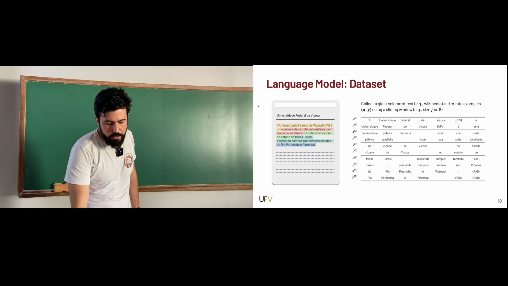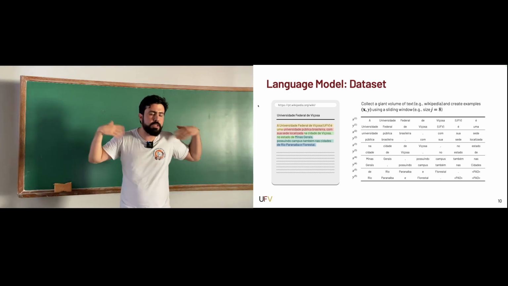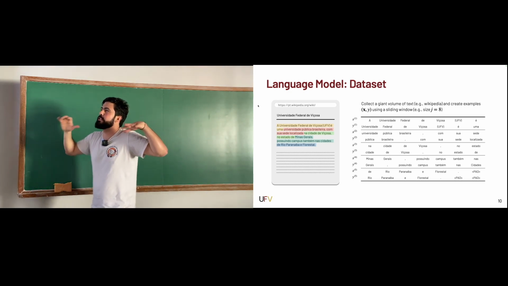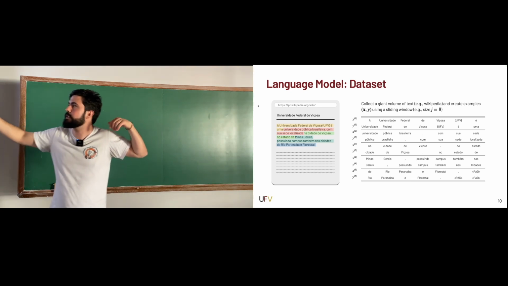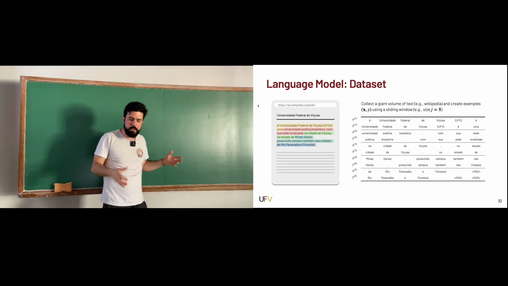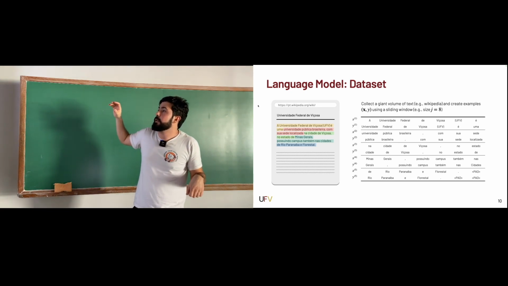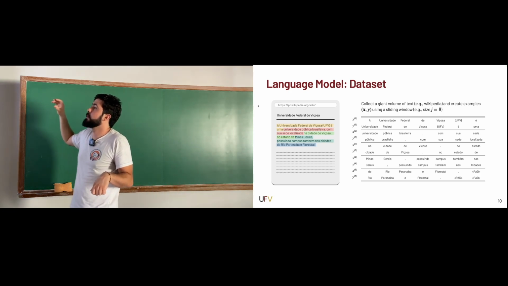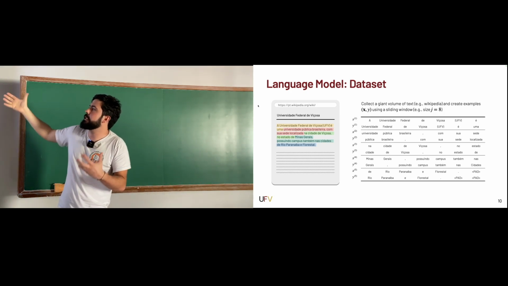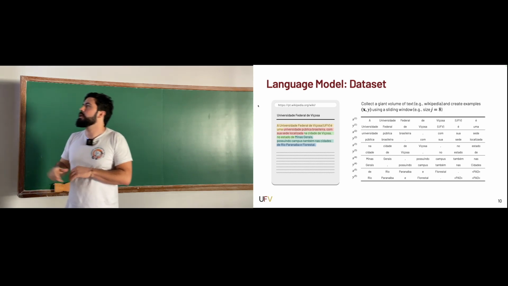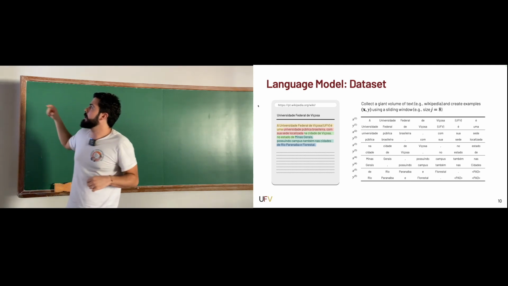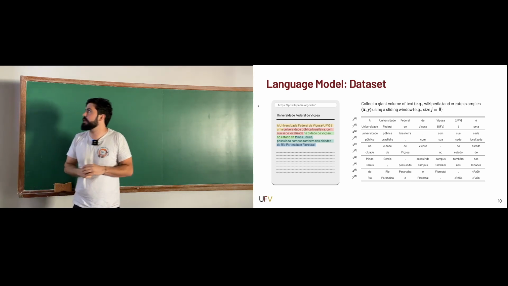So consider you go to Wikipedia, for example, and you download the entire Wikipedia. And eventually there will be an article there about the Universidade de Viçosa, or UFV. So what you would do to make a data set for this problem, you would create a window, and I'm assuming here a window of size 8.